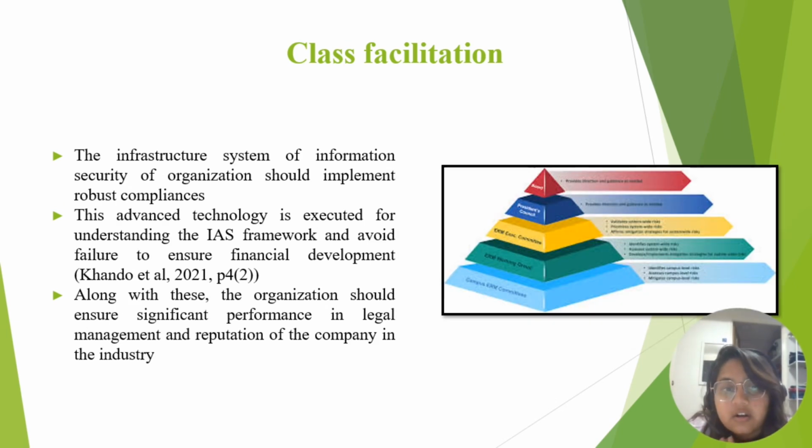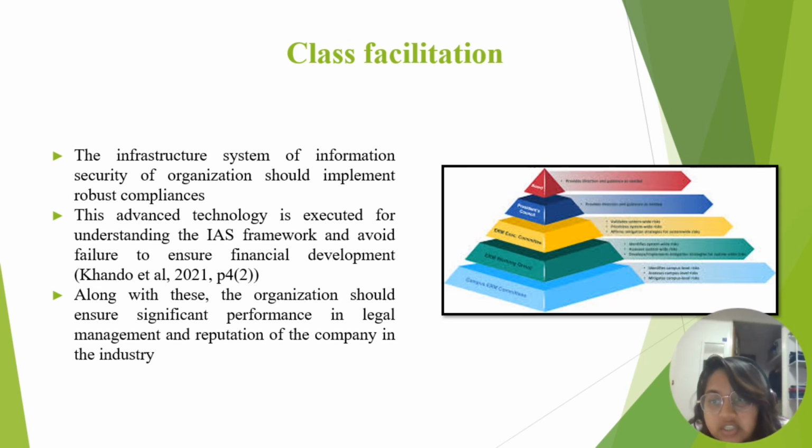Okay, so let's talk about these slides. The infrastructure system of information security of an organization should implement robust compliances. This advanced technology is executed for understanding the IAS framework and avoiding failure to ensure financial development. The performance of any organization depends on advanced technology.